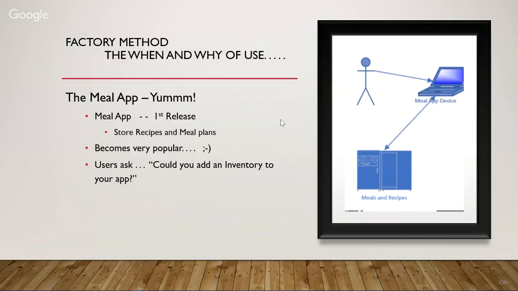We have our meal app, and we've got our first release out, and it's storing recipes, and there's items within those recipes and meal plans. And then all of a sudden it becomes very popular. And our users start asking if we could add, yep, you got it, an inventory tracking process to our app.